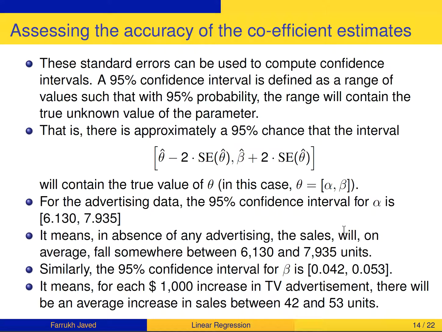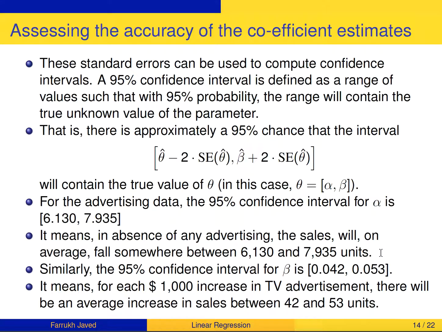The confidence interval for alpha is 6.130 as the lower limit and 7.935 as the upper limit. It means that in the absence of any advertising, on average, sales will fall somewhere between 6,130 and 7,935 units. So even if you do not spend anything on advertisement, you still get that many units sold for your company.